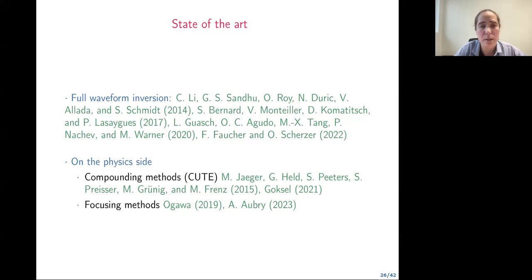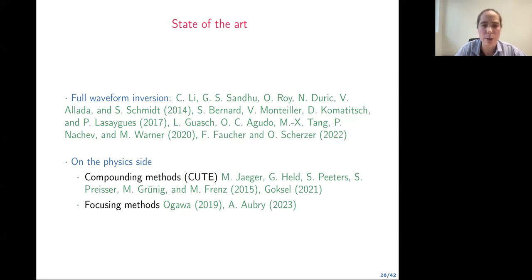The idea in full waveform inversion is, with a guess of a speed of sound map, to compute the scattered field associated to this speed of sound map and to compare it with the data. So it's quite heavy in numerical simulations.